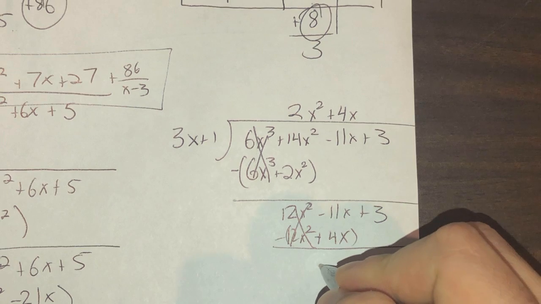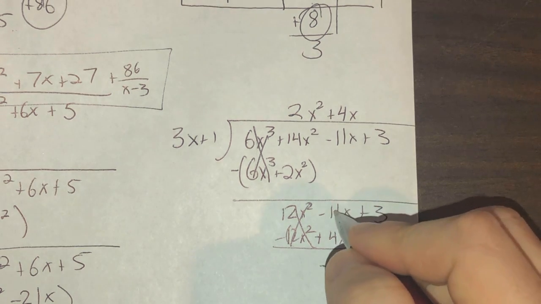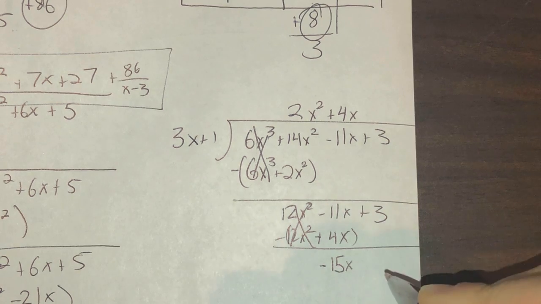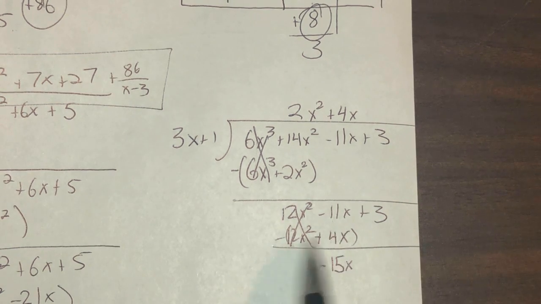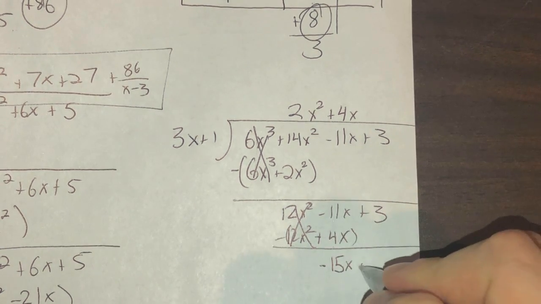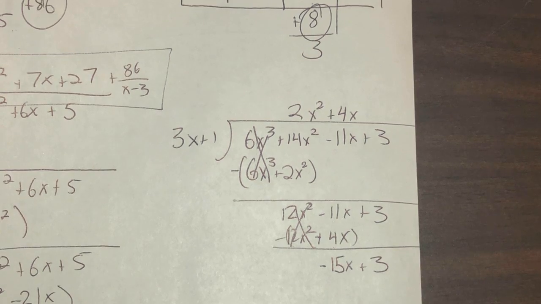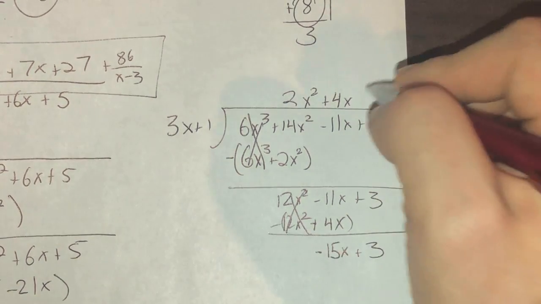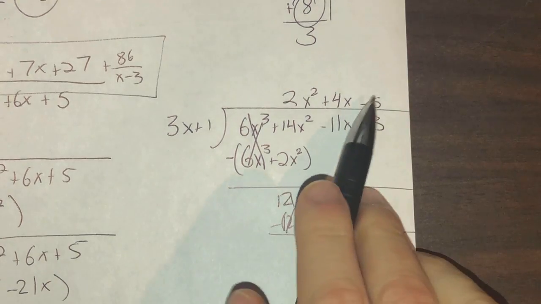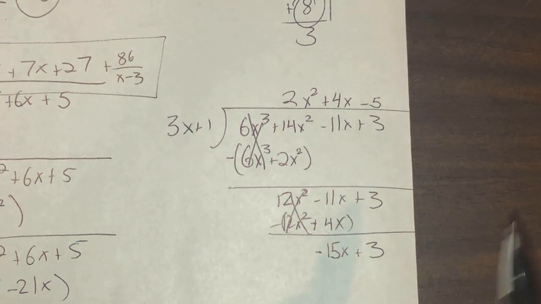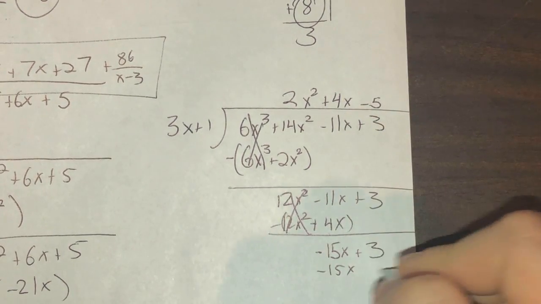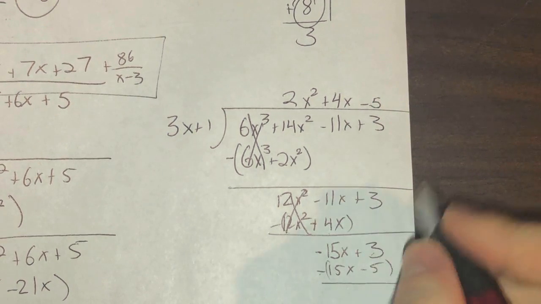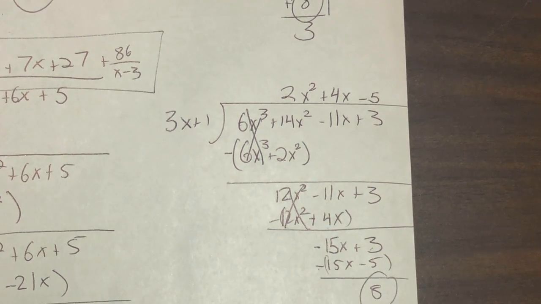Negative 11 minus 4 is negative 15x, because remember, it's a negative minus a positive. And that's another reason why this can be tough for people. And then lastly, negative 15x, this has to be a negative 5, because negative 5 times 3x is negative 15x. Bring in that 3. And this was tough for people too. 3 minus negative 5 gives me positive 8.